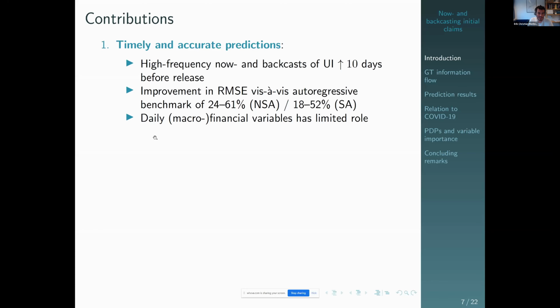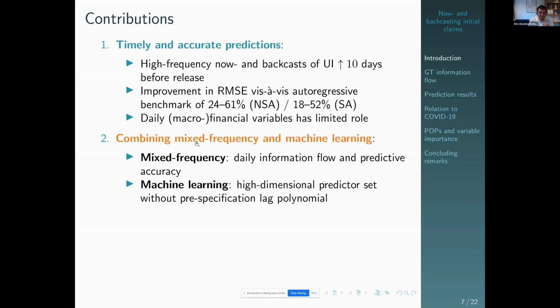So those are really large improvements. We find that including daily macro and particularly financial variables, because these are mostly financial variables that are released at a daily frequency, does sometimes improve the forecast performance, but it's limited.